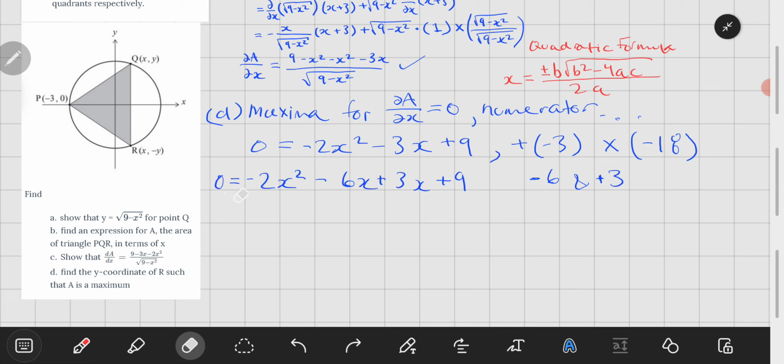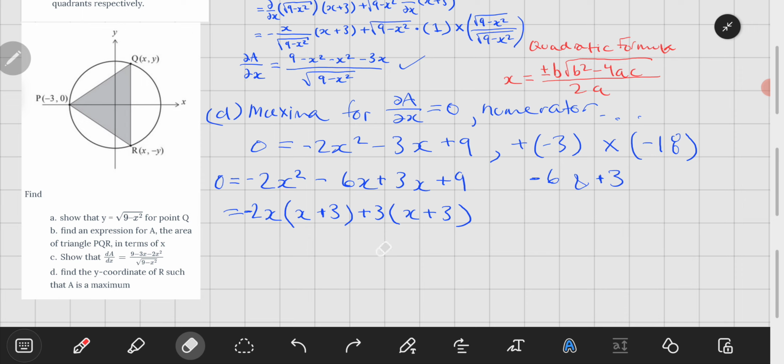So if we rewrite our b term, our x term, in terms of our two new numbers, we get negative 2x squared minus 6x plus 3x plus 9. Then we group similar terms so that we get negative 2x multiplied by x plus 3, plus 3 times x plus 3.